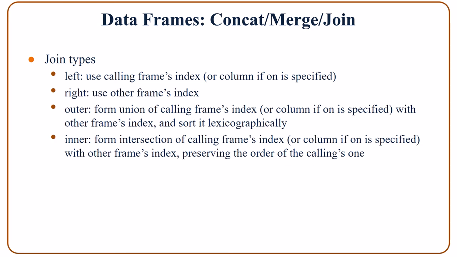With right join, it returns all the rows from the right data frame. And outer join returns all the rows on the left and the right, doesn't matter if they are matched or not. And inner join, which is very commonly used, only returns the matches on both sides.